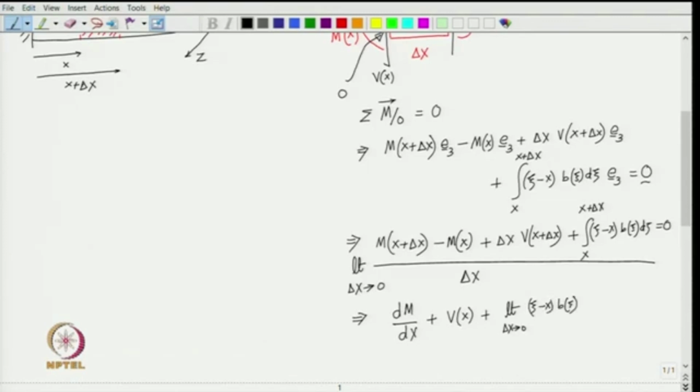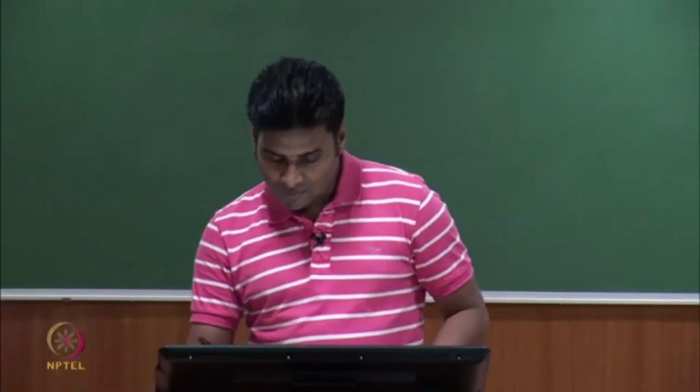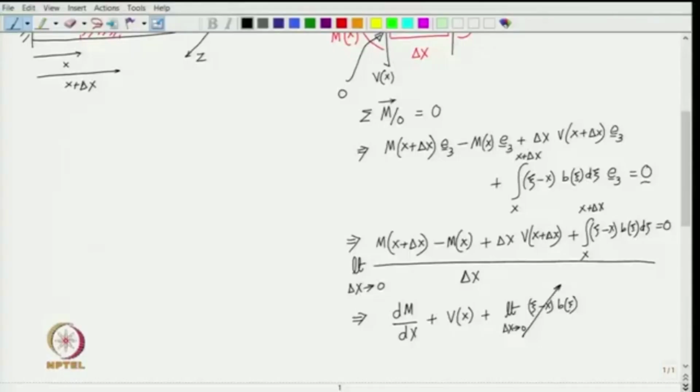Now, you see what happens to zeta minus x. As delta x goes to 0, the arm is also going to 0. So, this is going to 0.